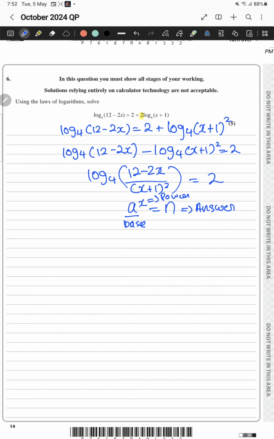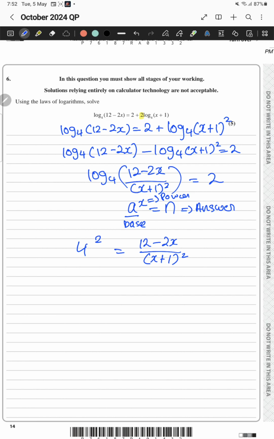Now in the case of a logarithm, the base is this one, the a, 2 is the power, and this one is the answer. So now 4 to the power of 2 is equal to (12 minus 2x) over (x plus 1) squared.